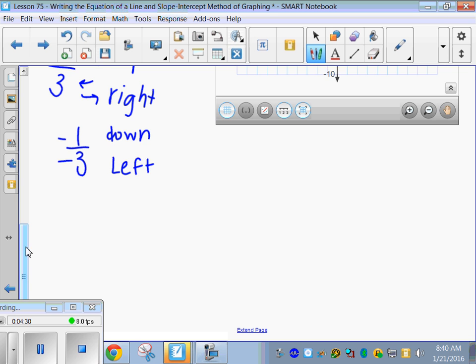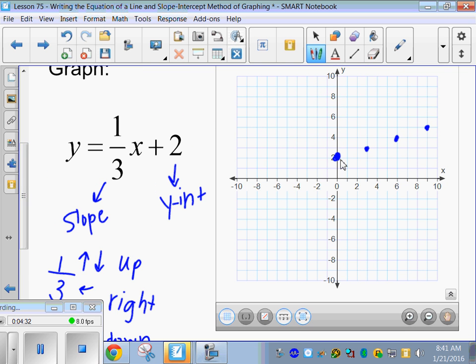So go back to your y-intercept of positive 2. If I go down 1, left 3, put a point. Does that point line up with my other points? Yep. Good news. Okay, down 1, left 3, put a point. Down 1, left 3, put a point.